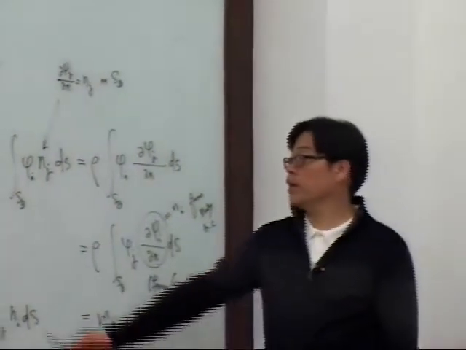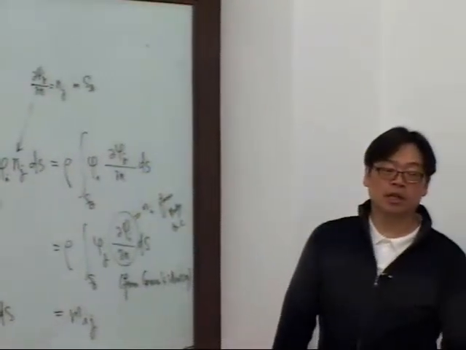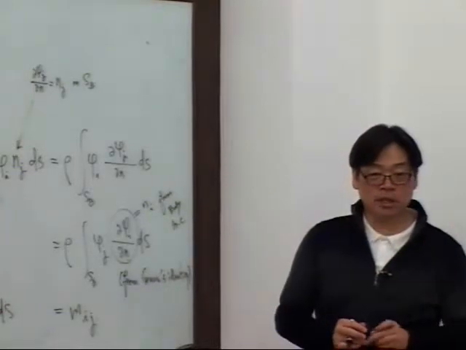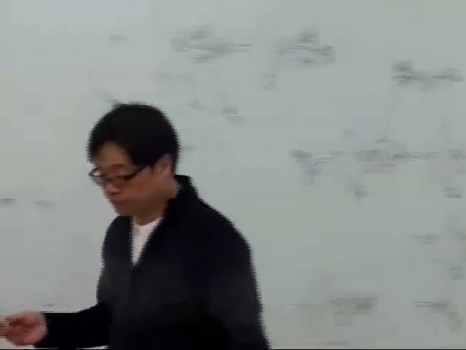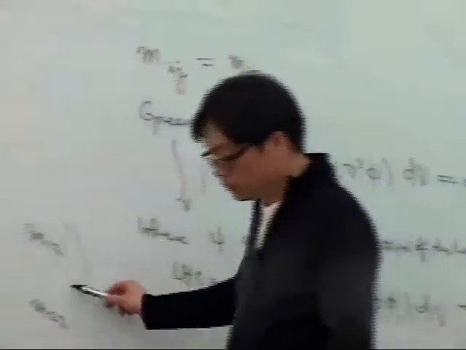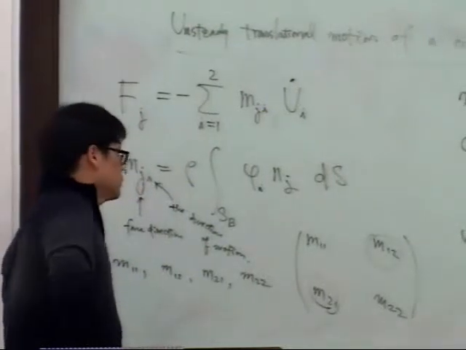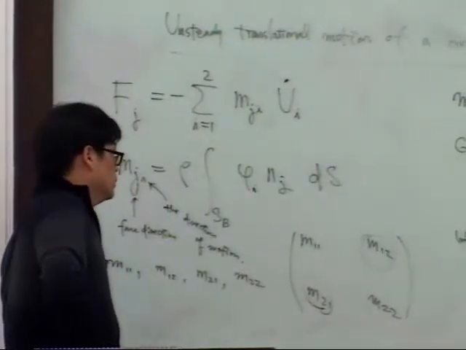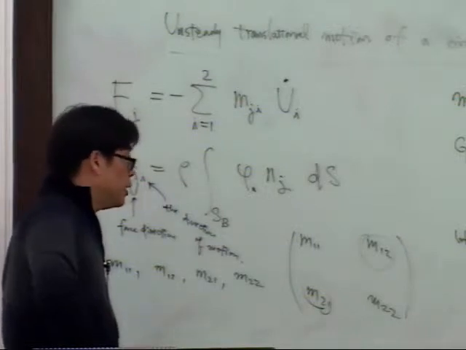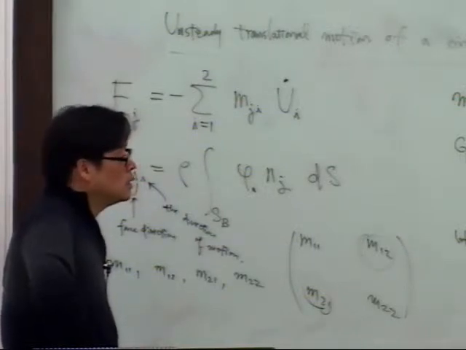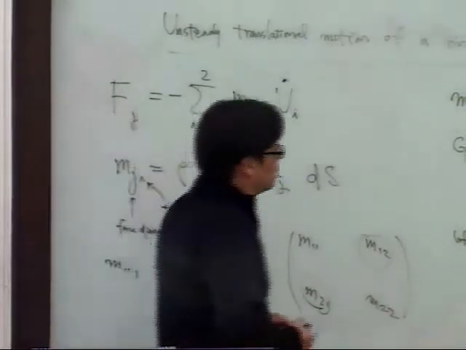So I showed that M_ji is equal to M_ij. So the added mass coefficient matrix that I wrote here is symmetric. Okay? So that's what I showed here.